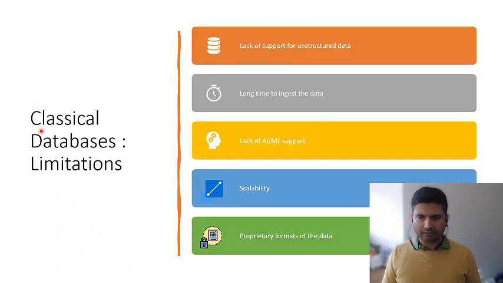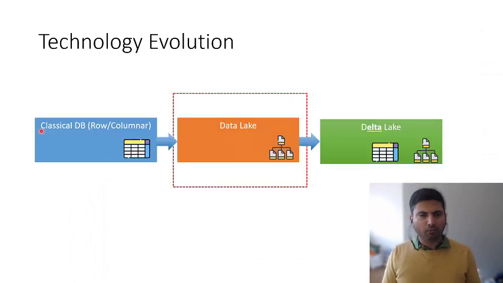Then there is always a problem with a lot of those tools where a proprietary format is created. In SAS, you have the SAS7BDAT format, or in some cases SAP also has its own proprietary formats to pull the data out or read the data. All that makes it a bit more inflexible for other systems to read and process the data. Hence, there was a rise of the data lake concept.